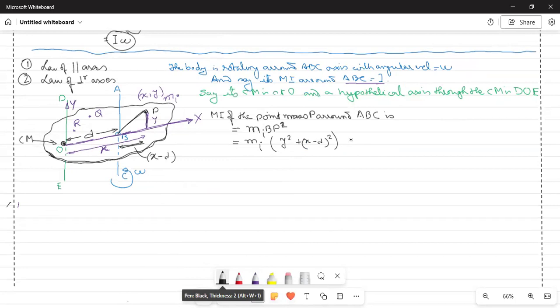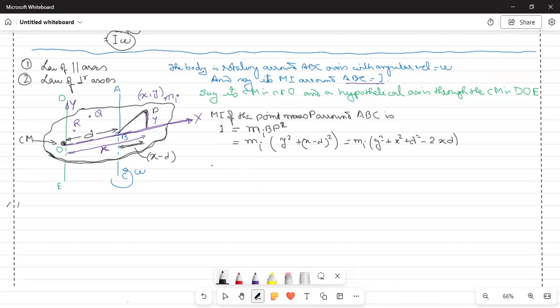This is equal to, let me write it here. This is equal to Σ mi into (y² + x² + d² − 2xd).